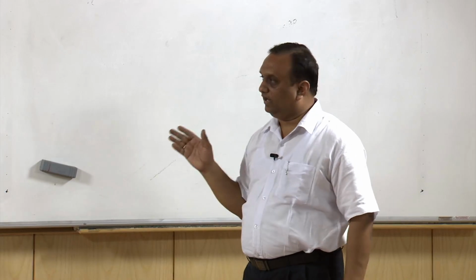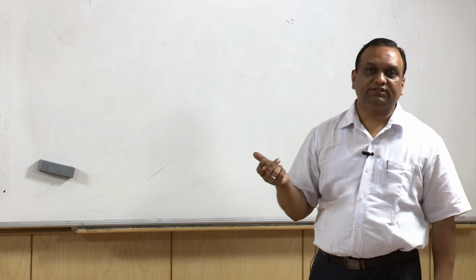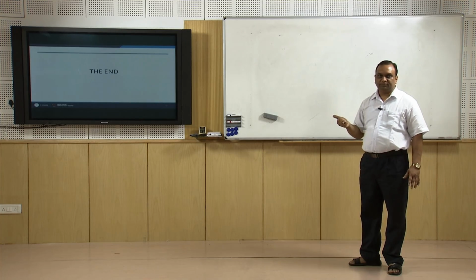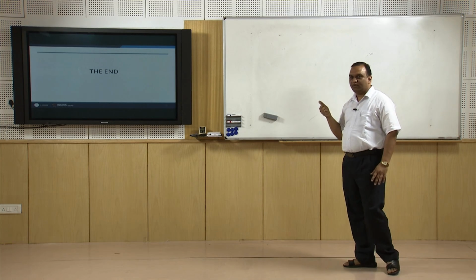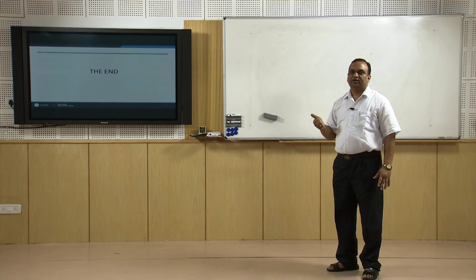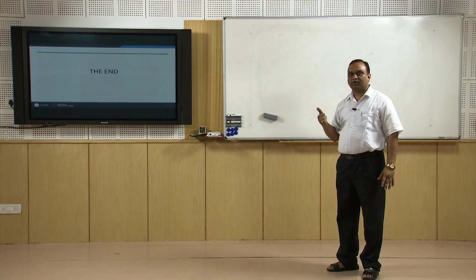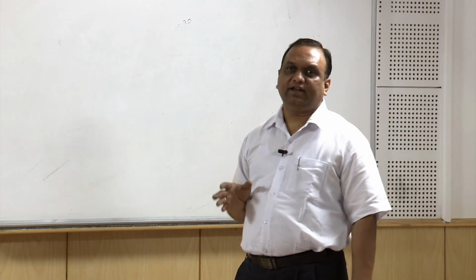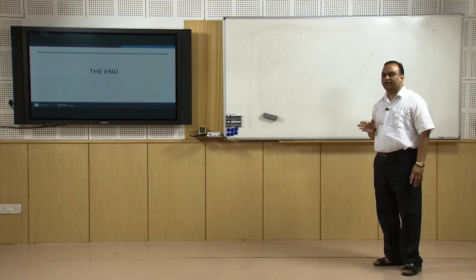And including this lecture, in the last three lectures we have covered the vapor absorption system, the water ammonia type of absorption system, and the lithium bromide water system. In the next class we will start with the introduction to air conditioning.